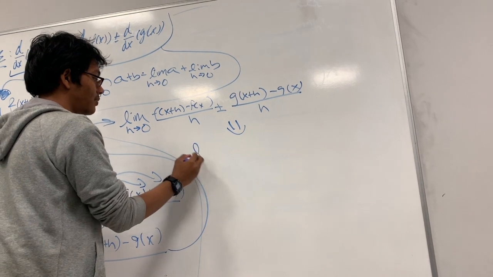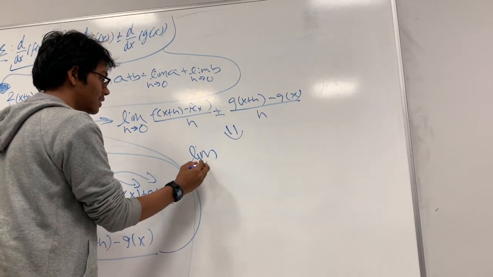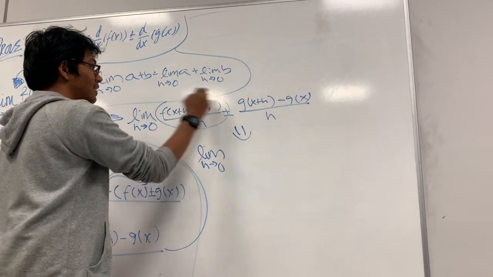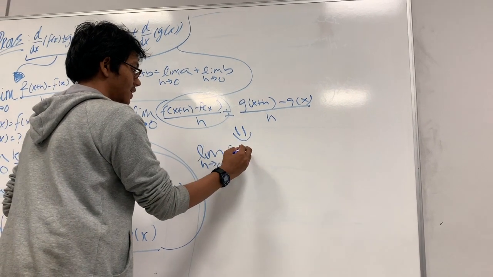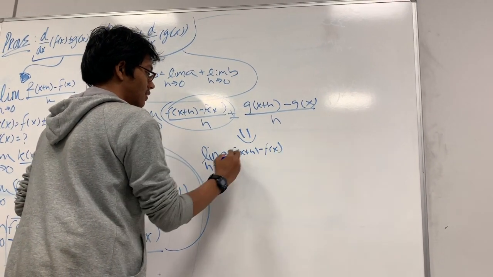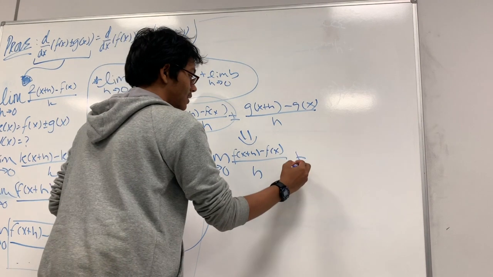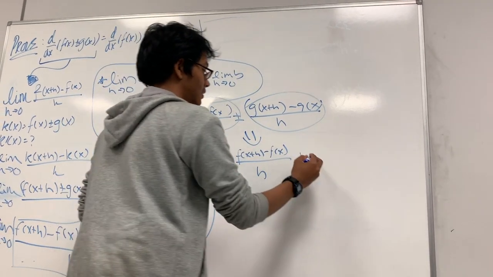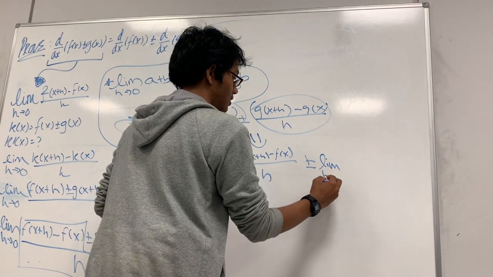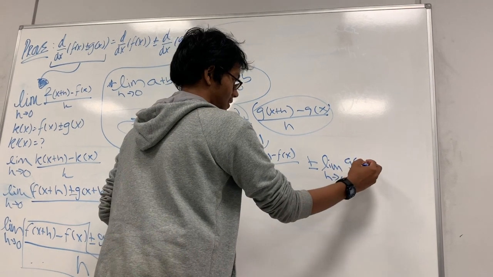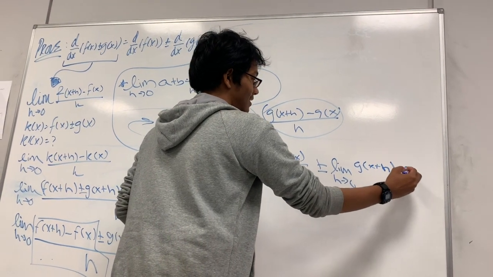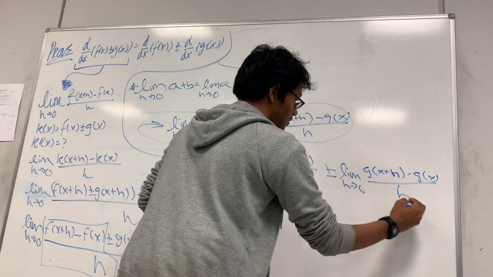So we can actually break this apart into two limits. The limit as h approaches 0 of the left-hand side, which is f of x plus h minus f of x divided by h, plus the limit of the right-hand side, the limit as h approaches 0 of g of x plus h minus g of x all over h.